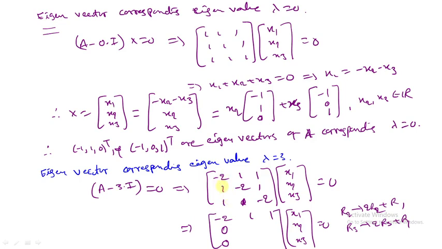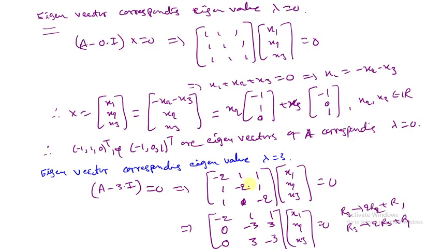Now multiply and add: minus 4 plus 1, minus 3; 2 plus 1, 3. We get rows minus 2 1 1, 0 minus 3 3, and 0 minus 3 3, times x1, x2, x3 equal to 0.